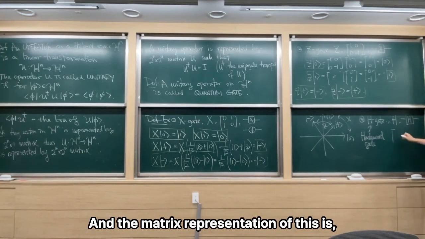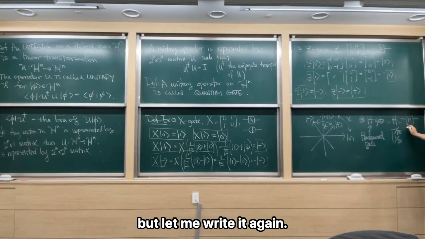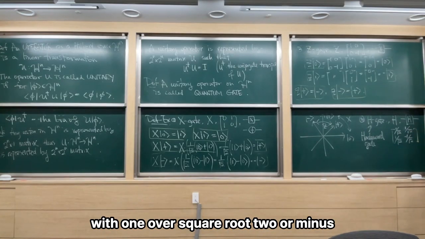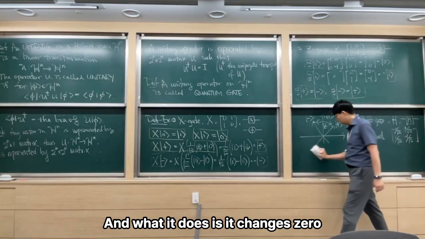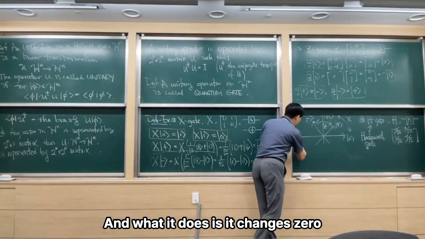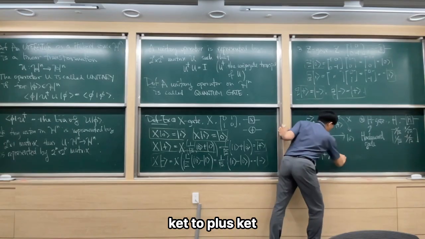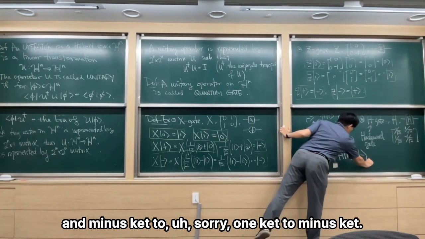And the matrix representation of this is a bit complicated, but let me write it again. So here we have a 2 by 2 matrix with 1 over square root of 2, and minus 1 over square root of 2. Only one entry has the minus sign. And what it does is it changes 0 ket to plus ket and 1 ket to minus ket.